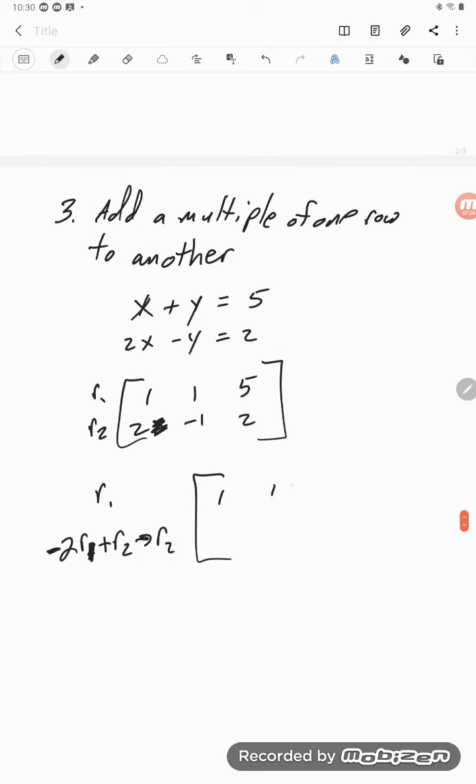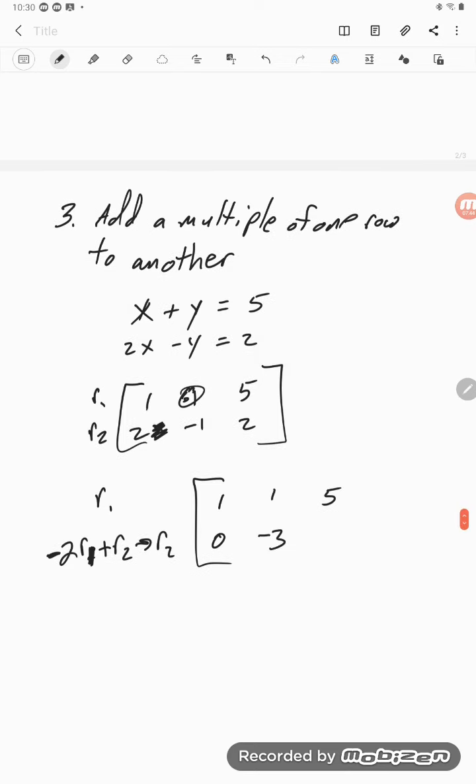So I have 1, 1, 5, and I take negative 2 times 1, that's negative 2, add that to 2, I get 0. Negative 2 times the 1 up here is another negative 2, add that to the negative 1, I get negative 3.